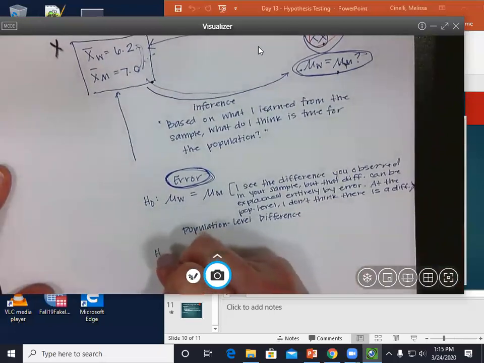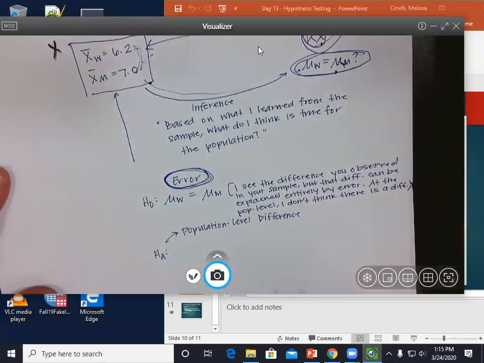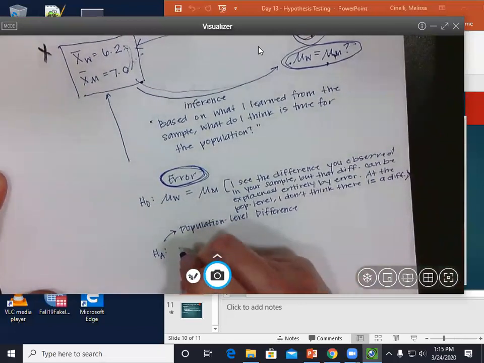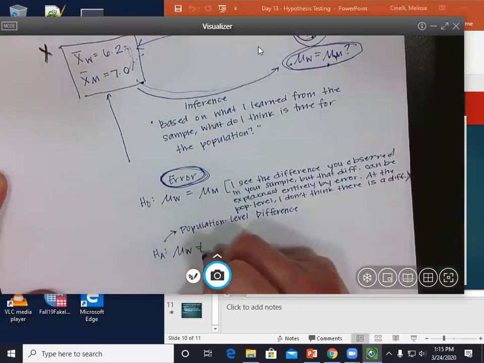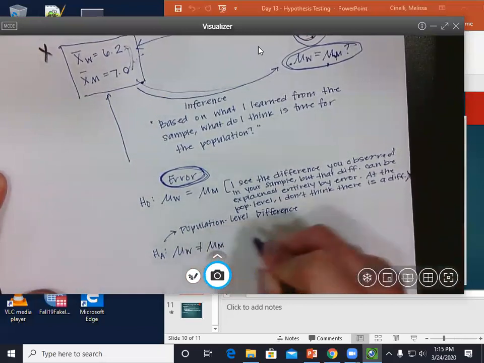The alternative hypothesis takes the side of the other explanation, right? The alternative hypothesis says that there is a difference between the men and the women at the population level, right?